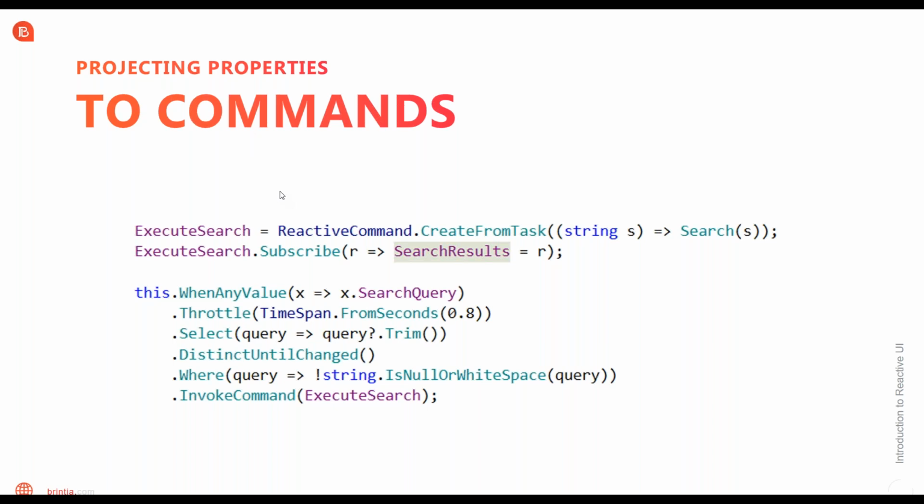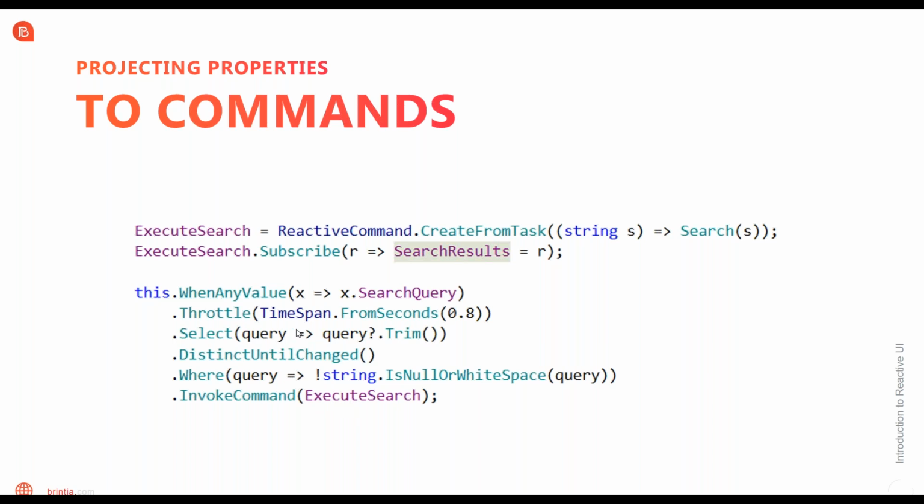This is done using this syntax, and it's quite the same thing we did before, but the difference is that we are using this method, invoke command, and this is the command that we want to invoke, the execute search command.